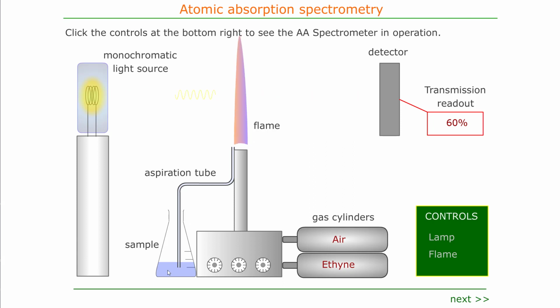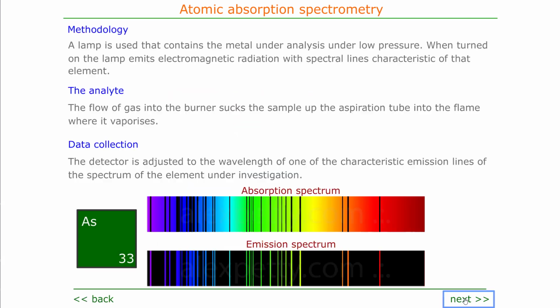You would do a calibration curve using known quantities of the same metal in different samples. From the calibration curve, you could then read off the likely transmission, in this case 60%, and this would tell you how much of that element you have.